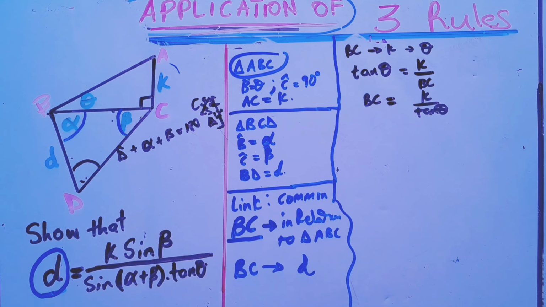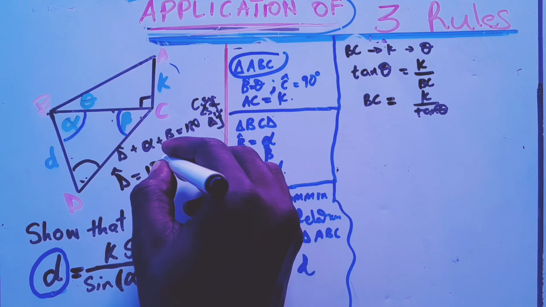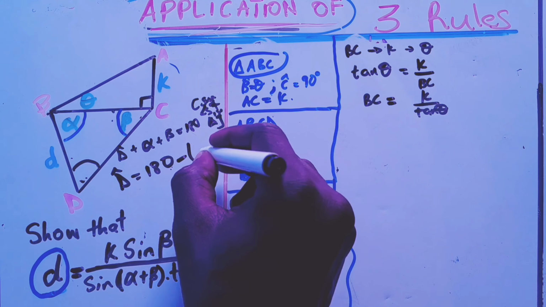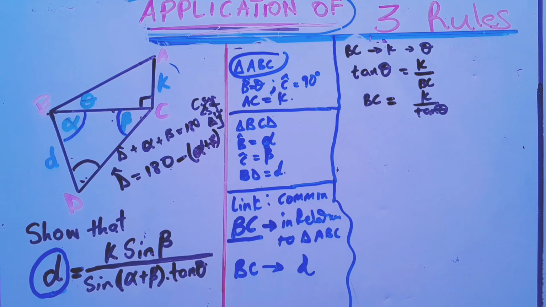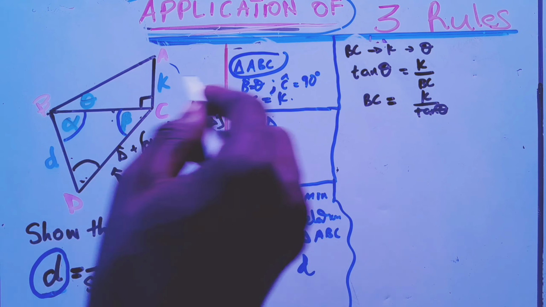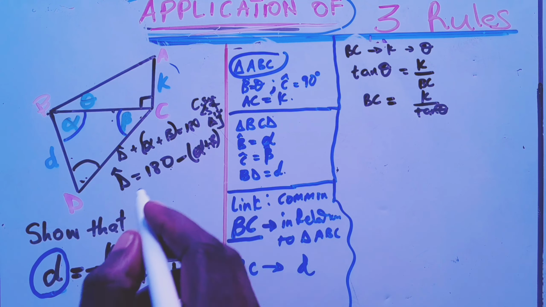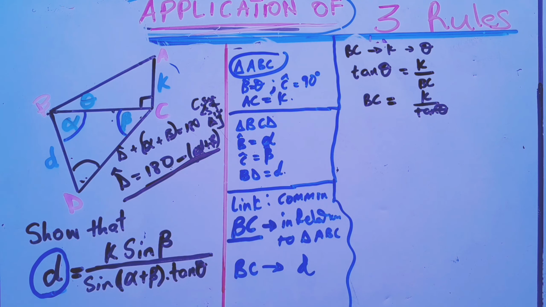So this leaves out our D being equals to 180 minus alpha plus beta. Can you see that? If we take this whole thing to that other side, it becomes negative. So it's 180 minus alpha plus beta, like that, right?